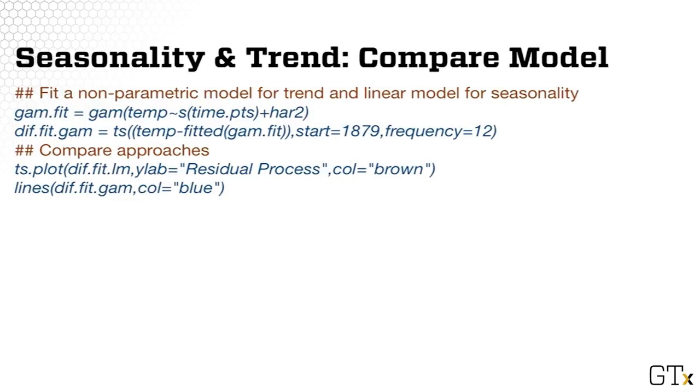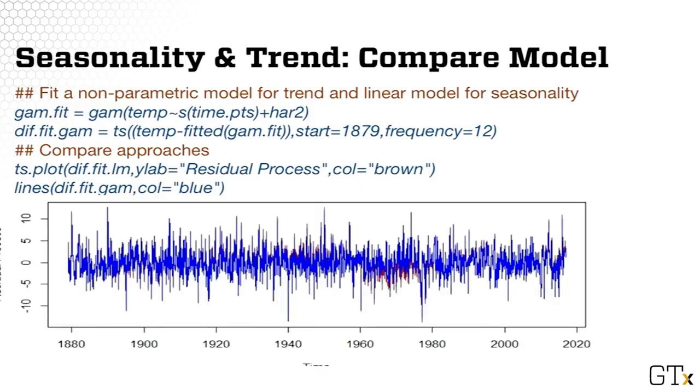Next, we compare the residual processes from both methods. Here is the plot comparing the residual processes, where in brown is the process for the parametric model, and in blue is the residual process from the non-parametric model. The differences are small between the two approaches.